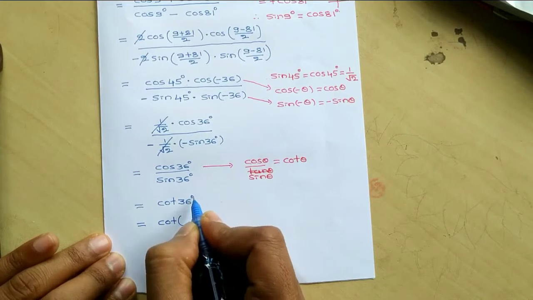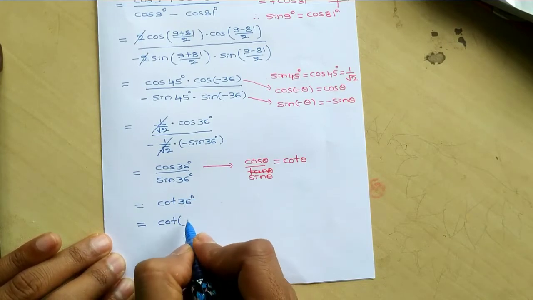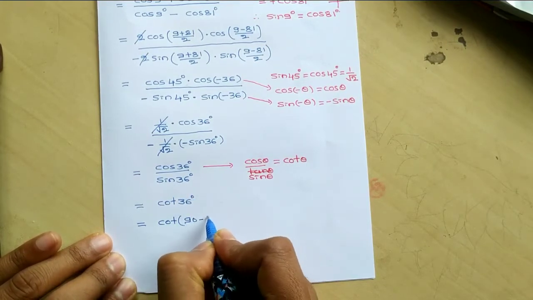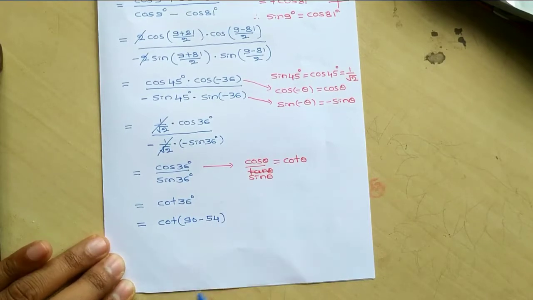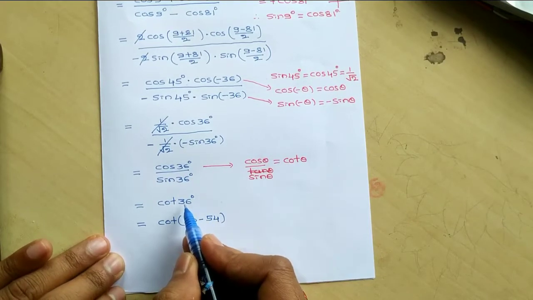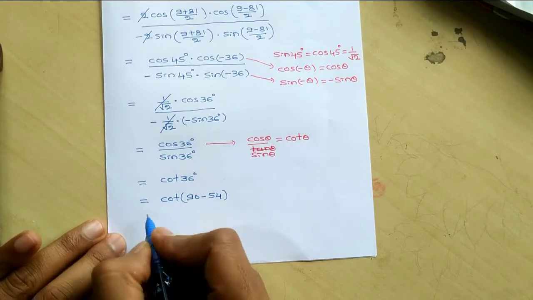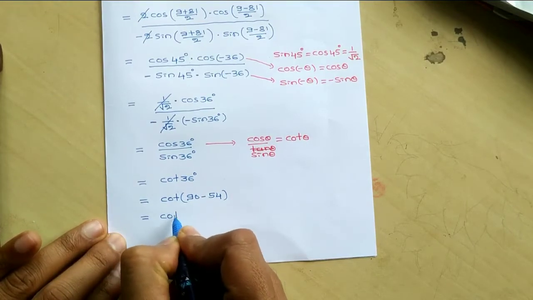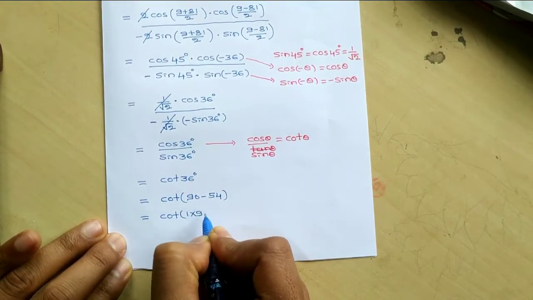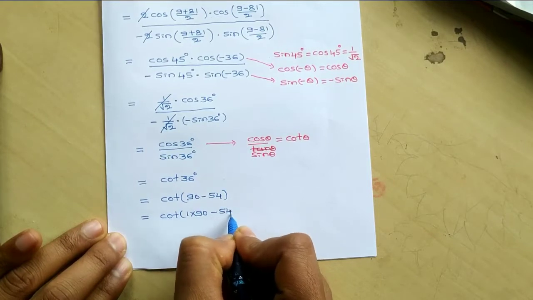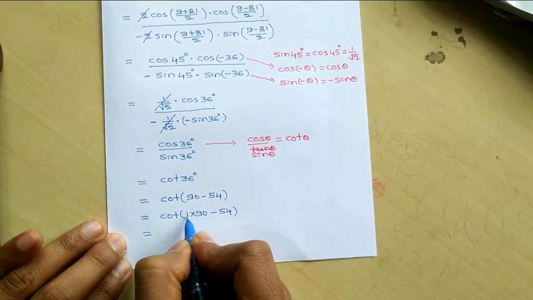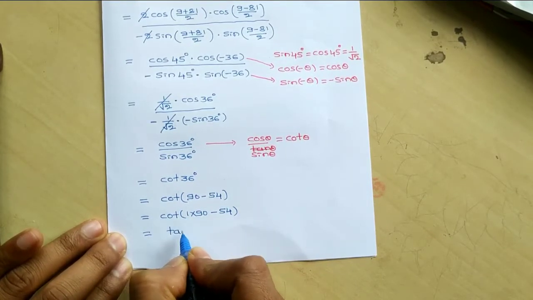This 36 degree can be written as what? 90 minus 54. Correct. 90 minus 54 is nothing but 36 degree. Again apply the allied angle formula: 1 into 90 minus 54. So 1 is an odd number, cot changes to what here? Tan.